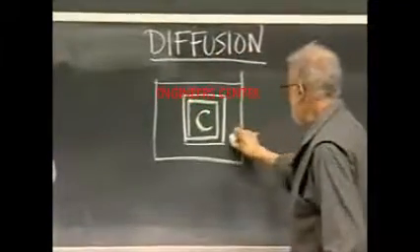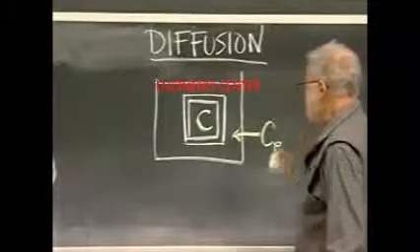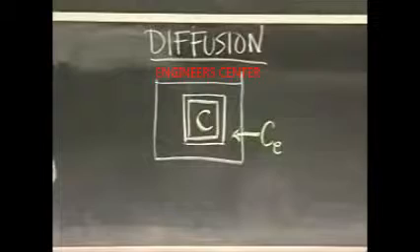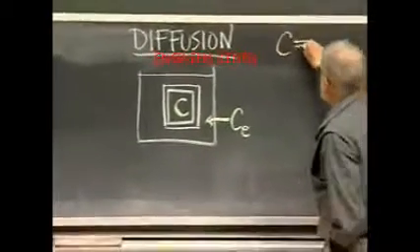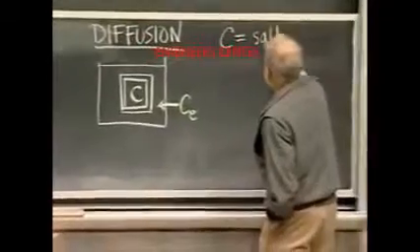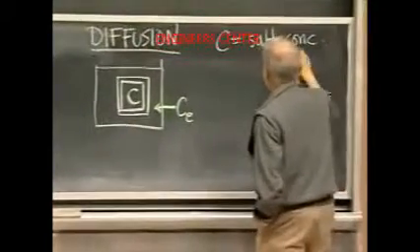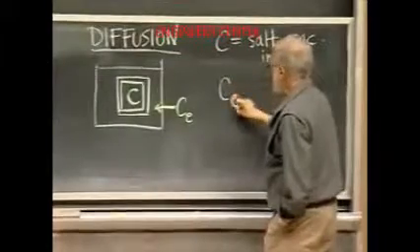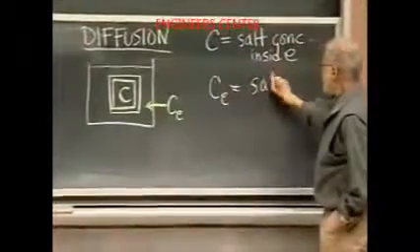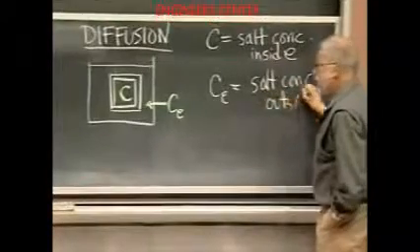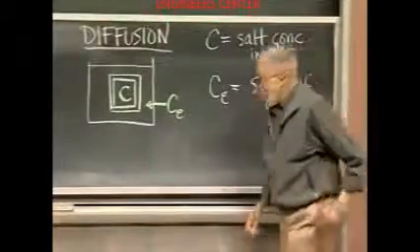So there's an external concentration. And what I'm talking about is some chemical, let's say salt will do as well as anything. So C is equal to salt concentration inside, and CE would be the salt concentration outside in the water bath.